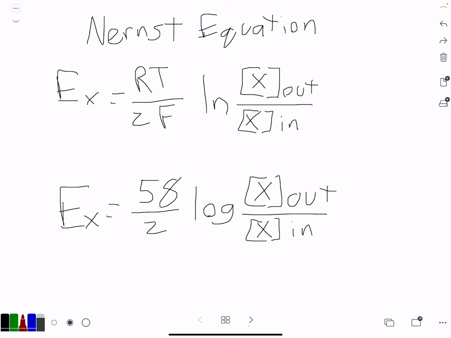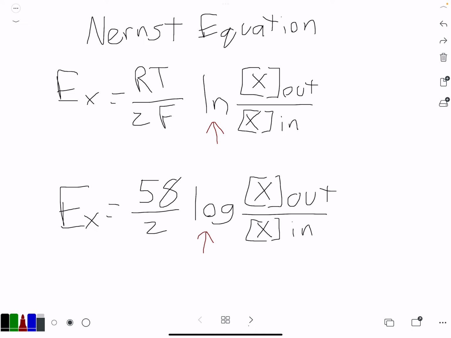The simpler one is the one below that uses the log base 10, which is represented by log. That's easier to work with, I think, conceptually, than the natural log. Both are the inverse of the exponent function, so it's doing the opposite of an exponent. But I'll talk about that in a little bit.